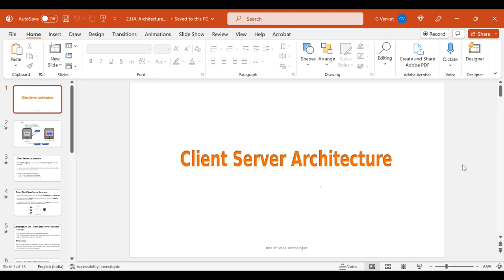The client and server architecture. What is the client and server architecture? What is the application and what are the application components? And if you are designing that application in real time, what are the main objectives? So why do we need the networks? Sometimes we are talking about the firewall.